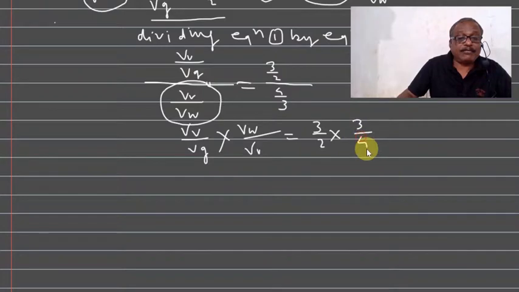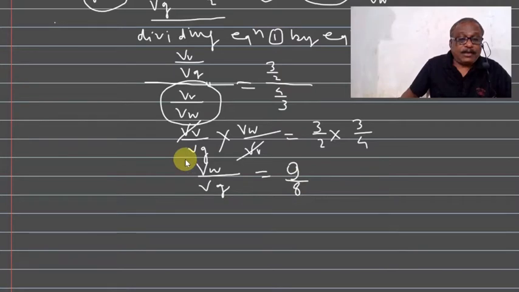So what is the inverse of 4 by 3? 3 by 4. The two terms V are identical, they cancel. So V W upon V G. Now here in the numerator, 3 3's are 9. So this is 9 upon 4 2's are 8.